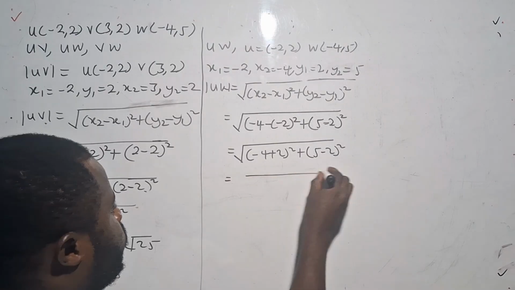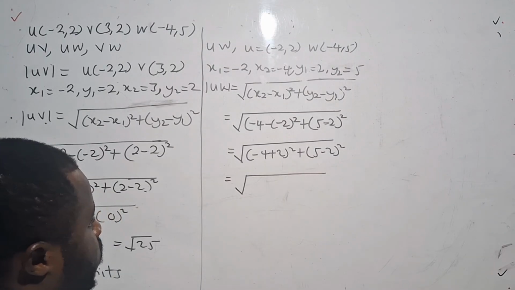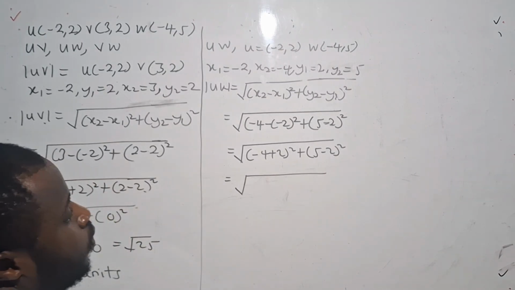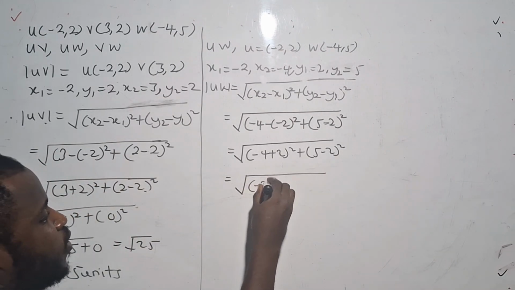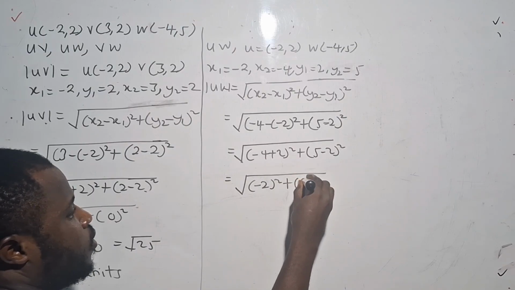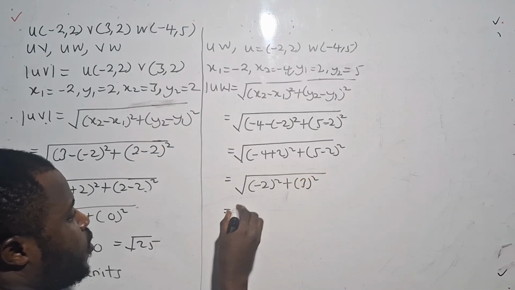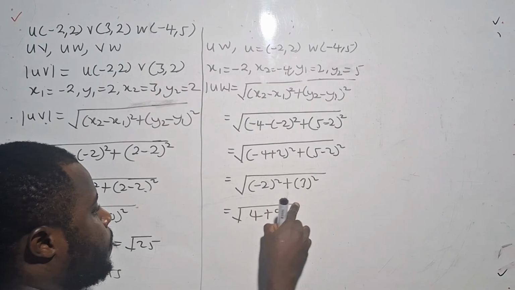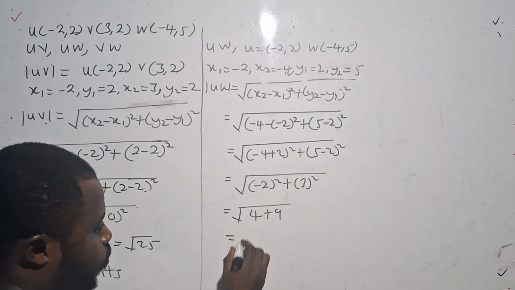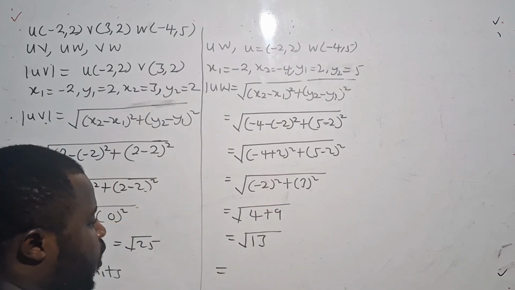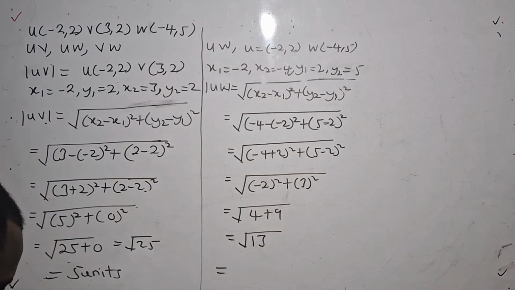Negative 4 plus 2 gives negative 2 squared, plus 3 squared. So this gives us 4 plus 9, which is 13.